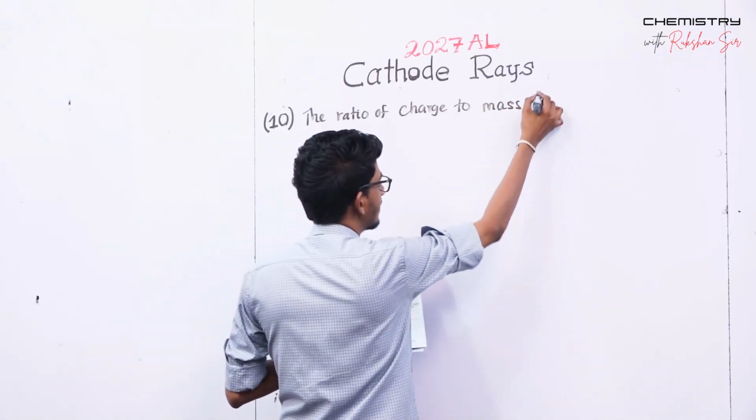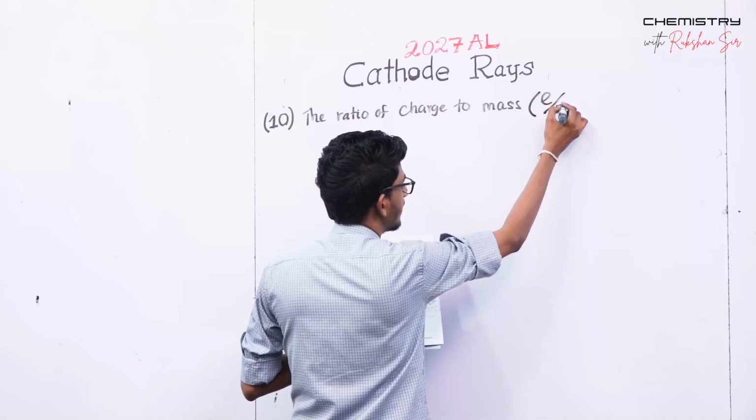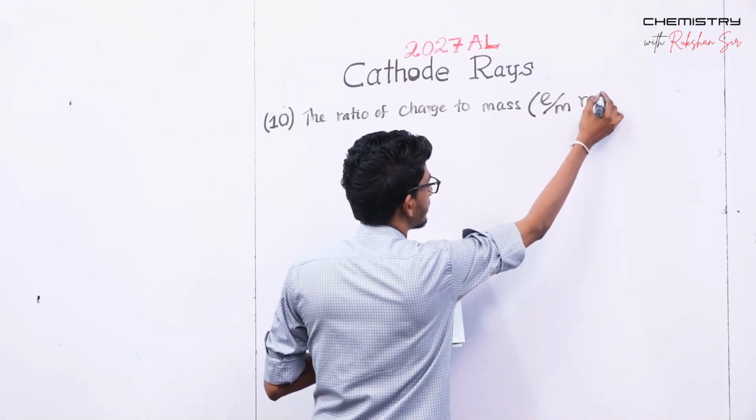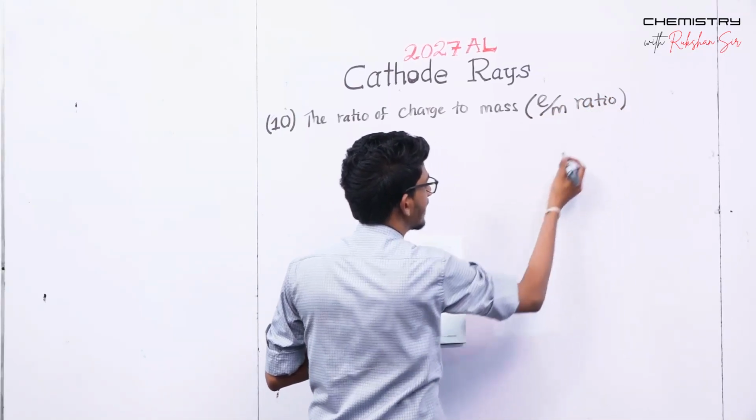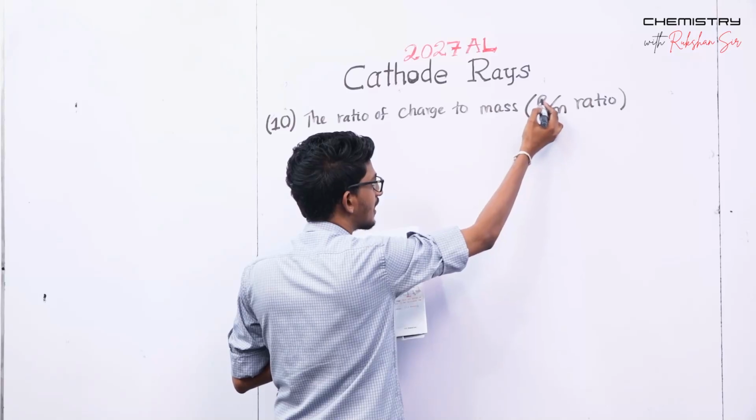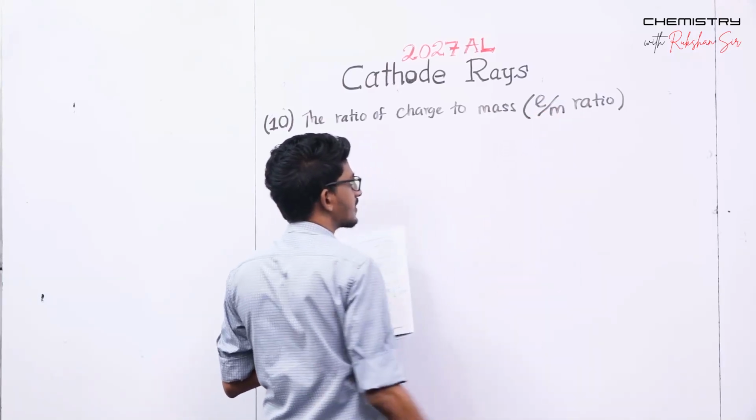normally we denote it as the e/m ratio. e means the charge, the simplest charge, over the mass, the charge to mass ratio.